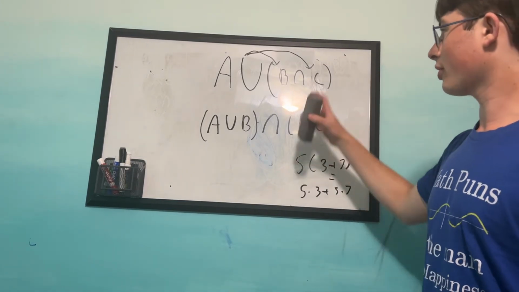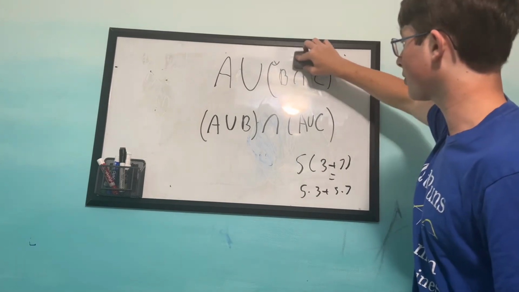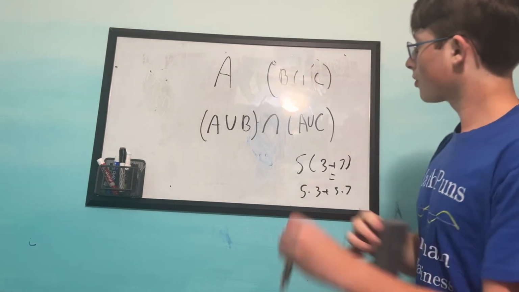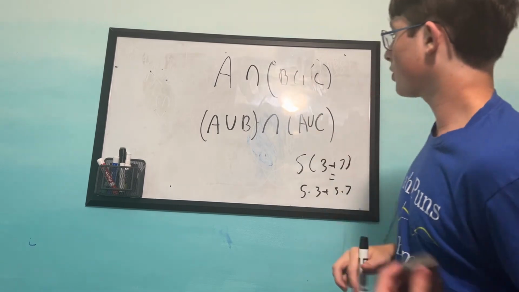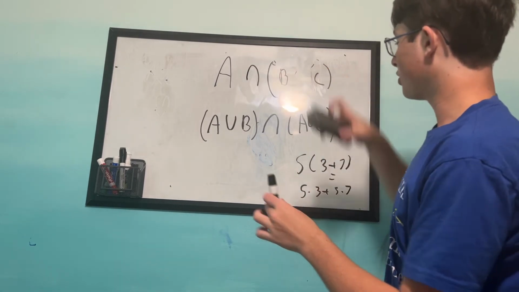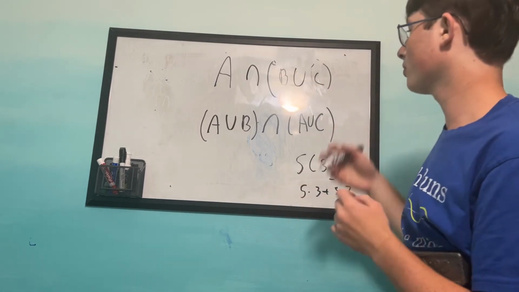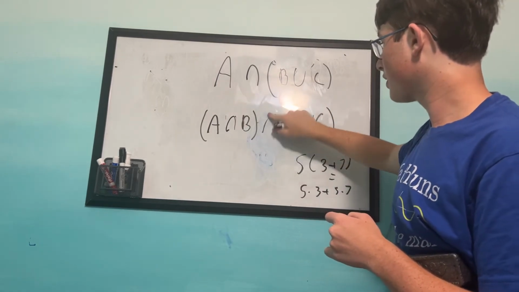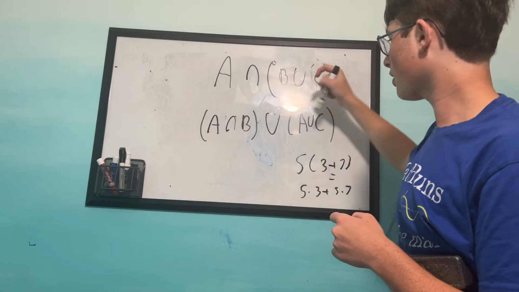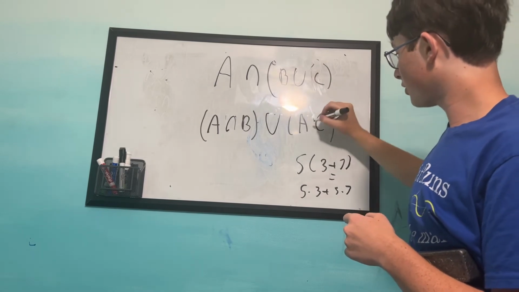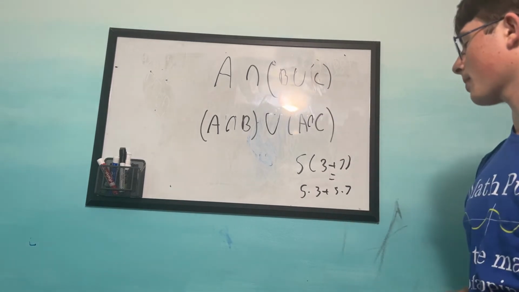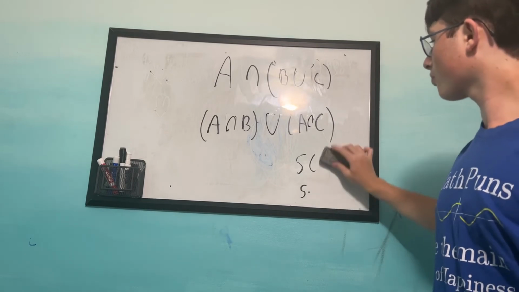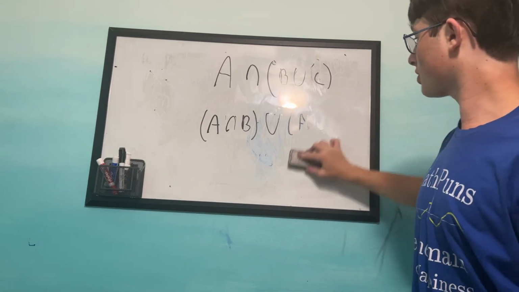This also holds up for the intersection of A with the union of B and C, which equals the union of the intersection of A and B as well as the intersection of A and C. And this follows roughly the same logic.